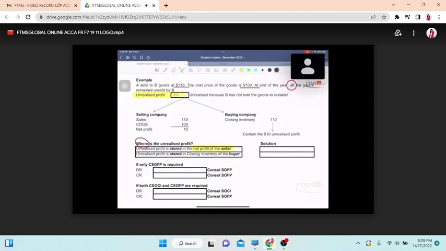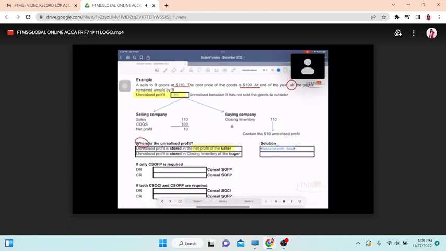Since I know it is hiding in the seller's net profit, the solution is obviously to reduce the net profit of the seller. I already know where it is hiding, so I just rectify it.